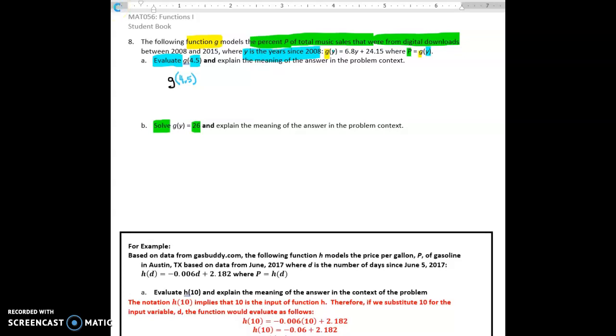So we take 6.8 times 4.5 plus 24.15, and we plug this into our calculator just as we see it, and we end up with G of 4.5 equals 54.75.